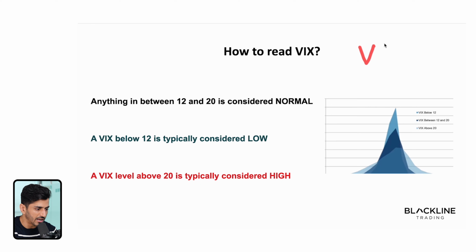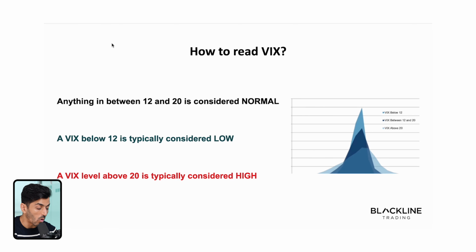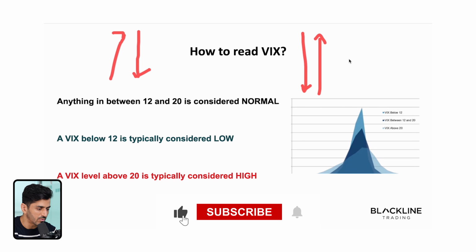Why? Because the VIX values are inversely correlated with S&P. What does it mean? It means as VIX values go higher, S&P moves lower. And as VIX values go lower, S&P moves higher, right? So this is what you mean by inverse correlation.